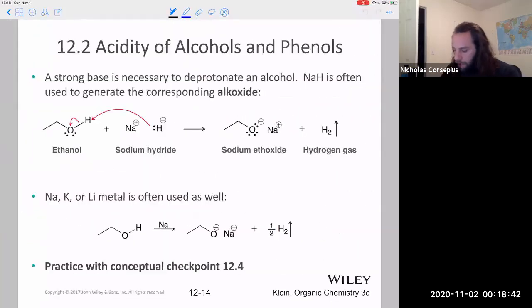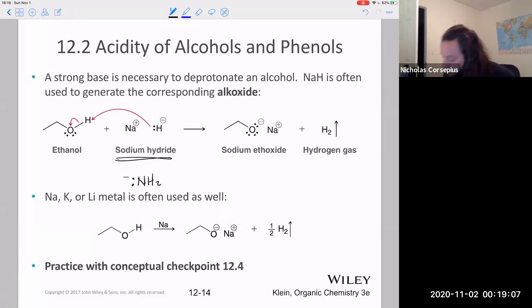We also talked a little bit about the acidity of alcohol groups. So alcohol groups are not terribly acidic, but it's not impossible to remove that hydrogen or deprotonate that alcohol. You just need a relatively strong base. So sodium hydride, another example would be the amide ion, would be a good strong base that you could use.